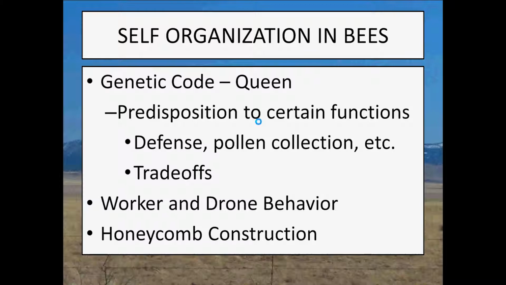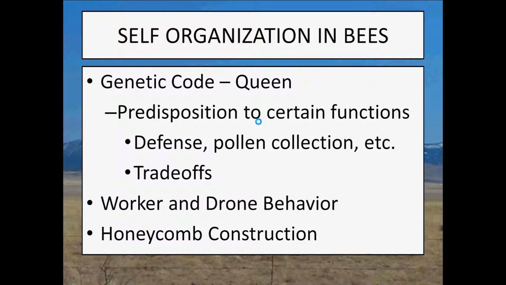And we're looking at a hive's behavior as determined by the genetic code of the queen. So they have a predisposition for certain functions, such as defense against hornets, pollen collection, water collection, and there's trade-offs given that genetic makeup. So, say for example, a queen is predisposed for defense but not pollen collection.